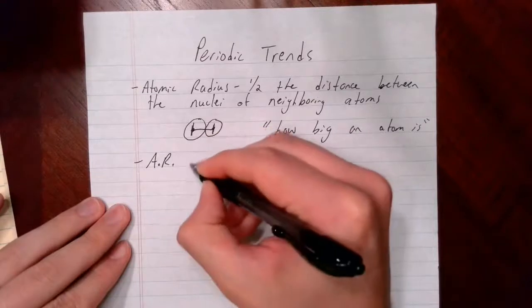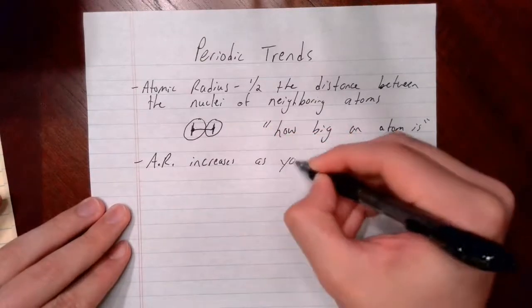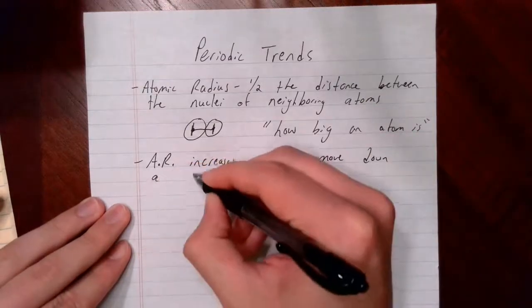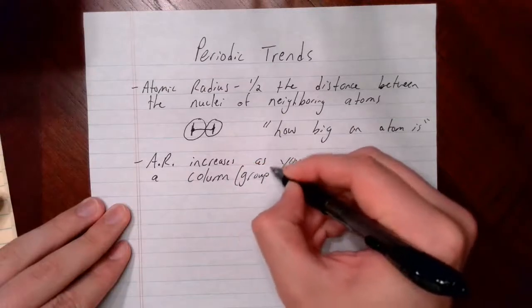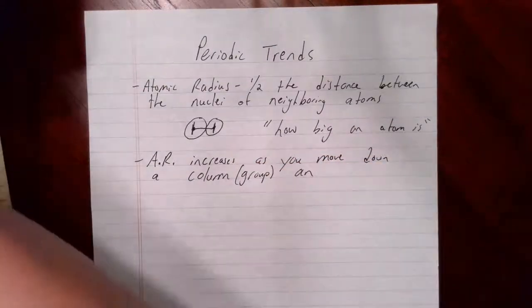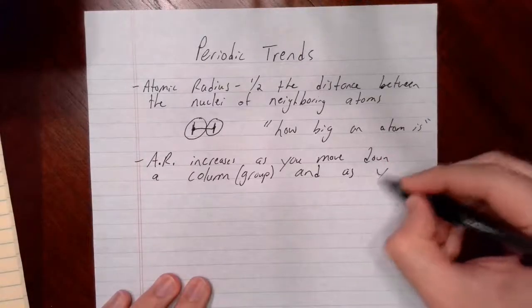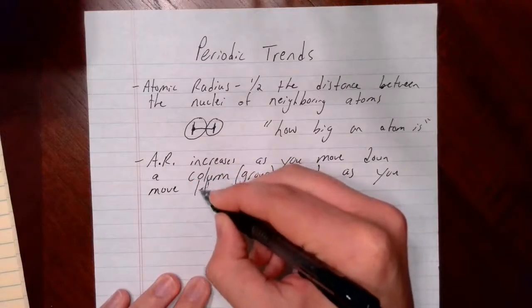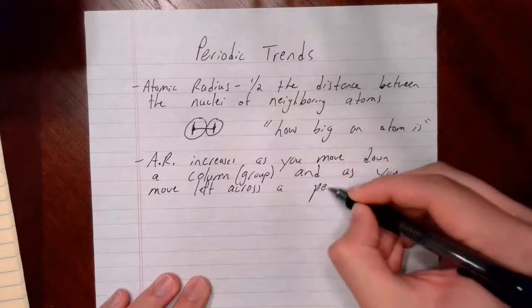Atomic radius increases as you move down a column, or I can say a group, and as you move left across a period.